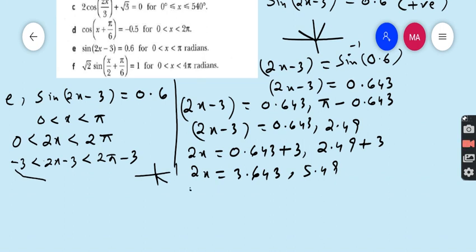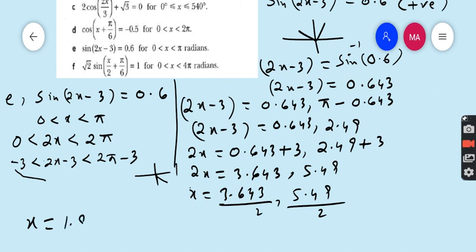Divide this by 2: 3.643 upon 2 is 1.82, and 5.49 upon 2 is 2.74. This is our final answer, 1.82 and 2.74. I hope you completely understand this part E. Move to the last part, part F.